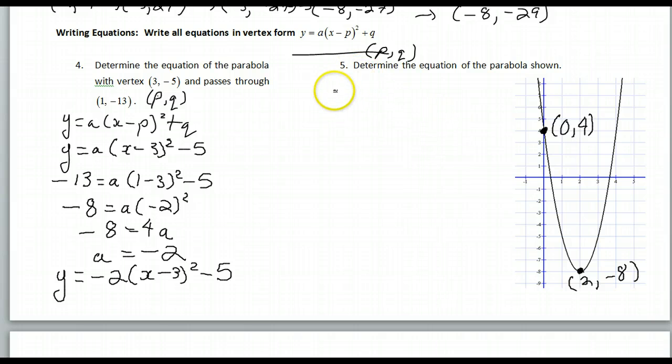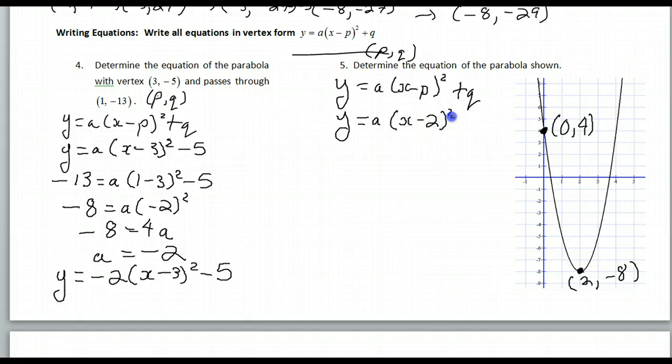We're going to do this the same way. y equals a(x minus p) squared plus q. Substituting in our vertex, y equals a(x minus 2) squared minus 8. Substituting in for x and y then, the value y is 4 when x is 0.